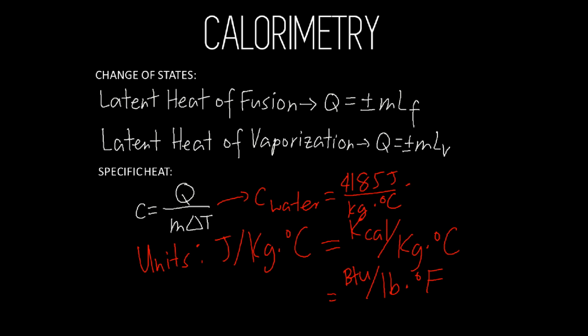For ice, it is equal to 2090 joules over kilogram times degrees Celsius. As you can see, ice and of course steam have lower specific heat than water.